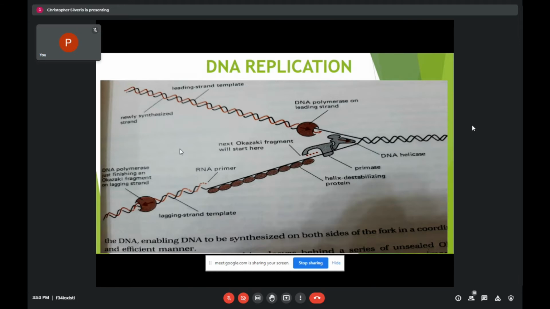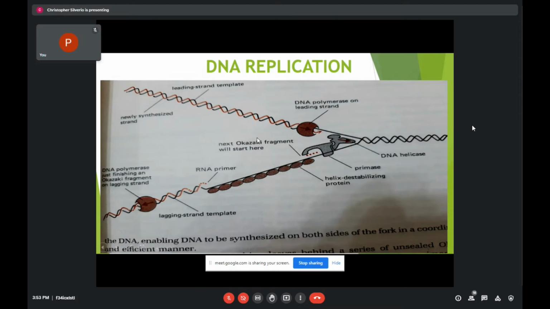And the enzyme needed for the relaxation of the DNA is known as topoisomerase. Okay. Once the DNA is relaxed, it will be opened up. In this case now, the DNA is open.